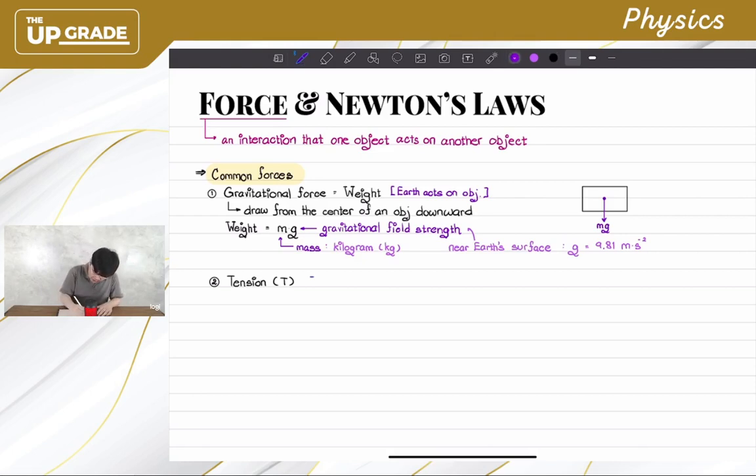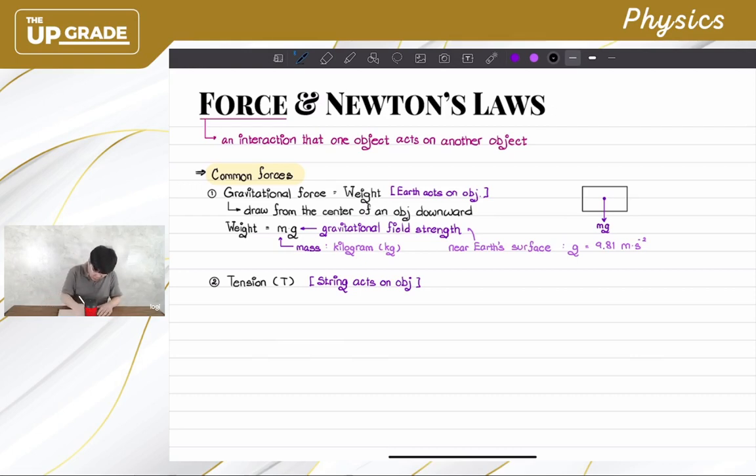So the tension is the force that a string acts on an object. Use that as a hint. It means that if there is a string, then there is a tension. If there is no string, then of course there is no tension.